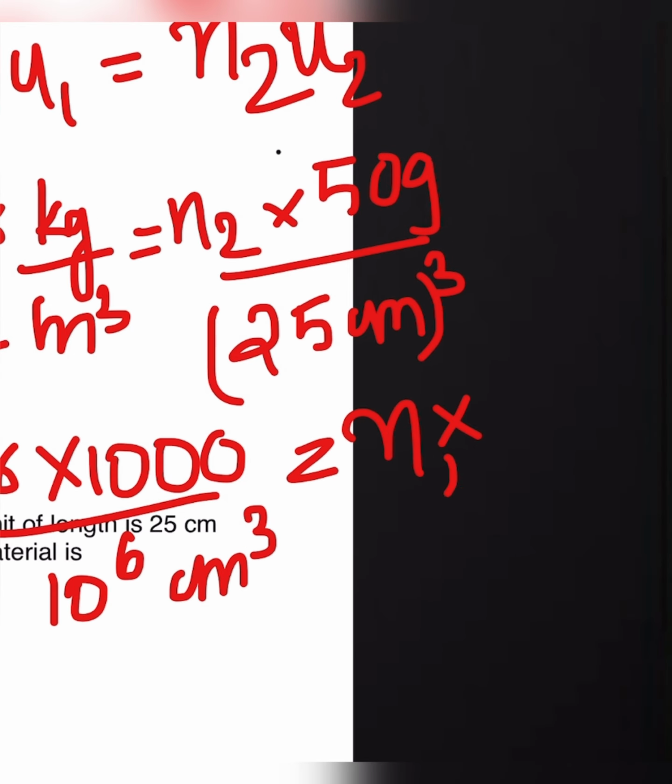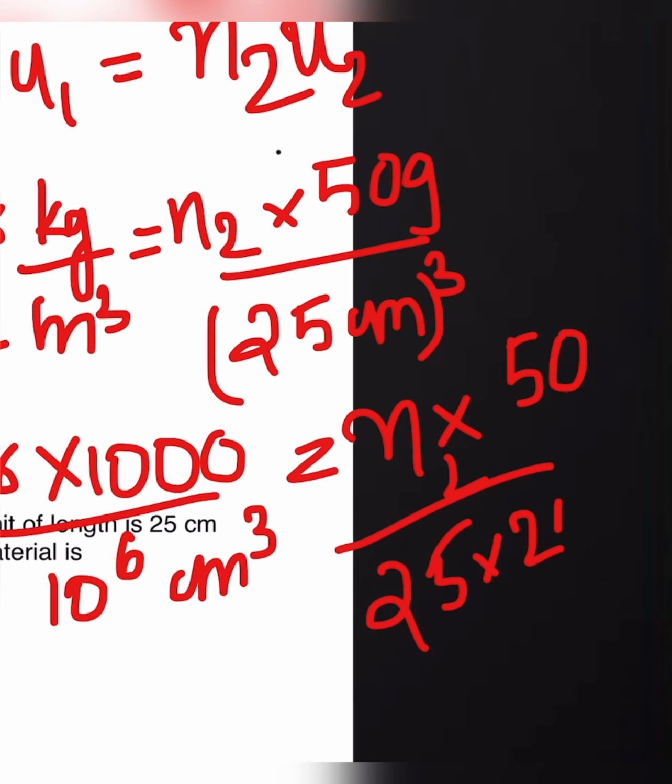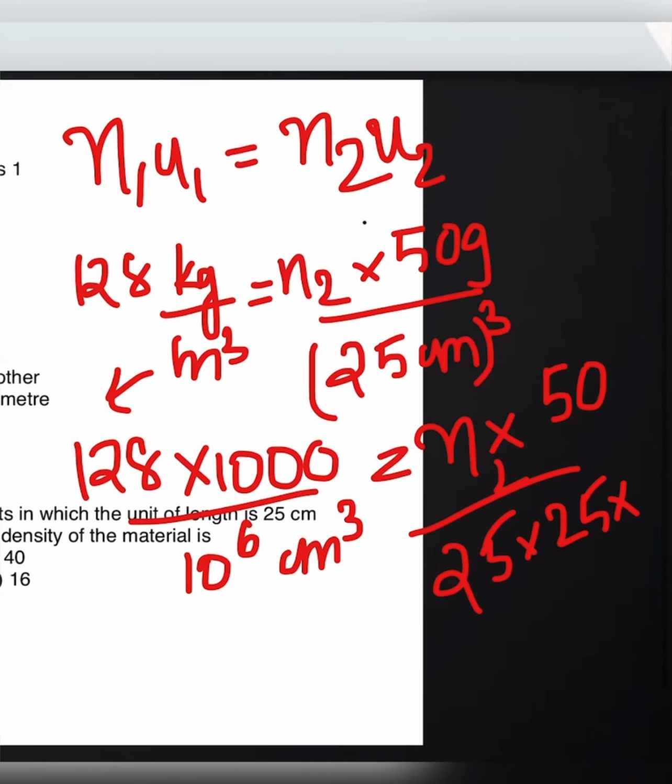On the other side, n2 into 50 divided by 25 into 25 into 25. We cancel 50 divided by 25, which will be 2. So 25 into 25 will be 625.